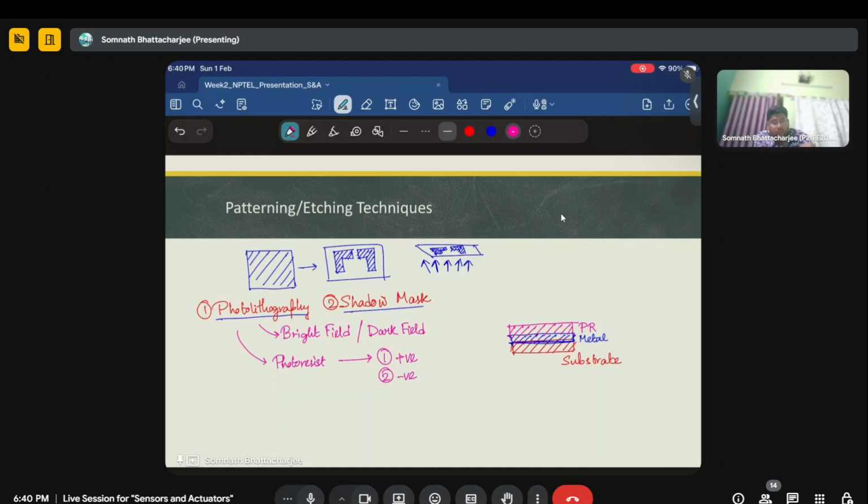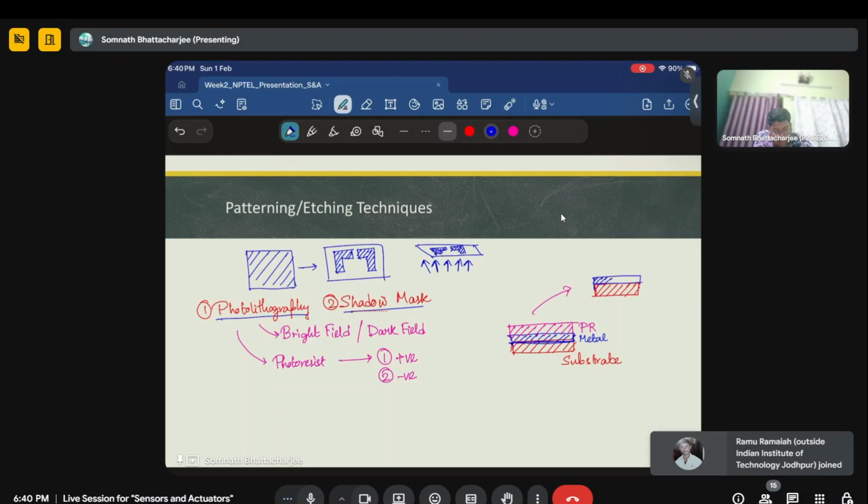Now, the easier thing to do is to pattern your PR first. So if you are patterning your PR, it will look like this. Your substrate will be here first, your metal will be like this, and then your PR will look something like this.